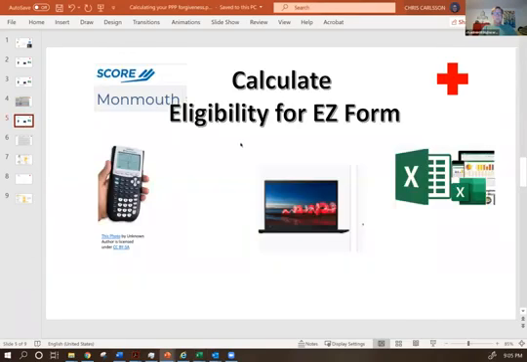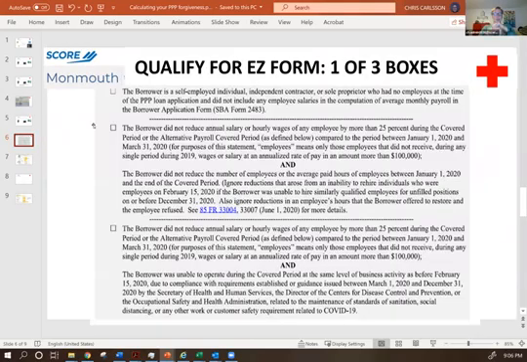So we're going to go back here and see, are we eligible to use the easy form? Or are we going to have to go through all the things you have to go through for the big form that is 11 pages long? And we hope not. And how do we do that? Well, here are the instructions, what you have to certify also, and we have to check one of these boxes to say that we qualify.